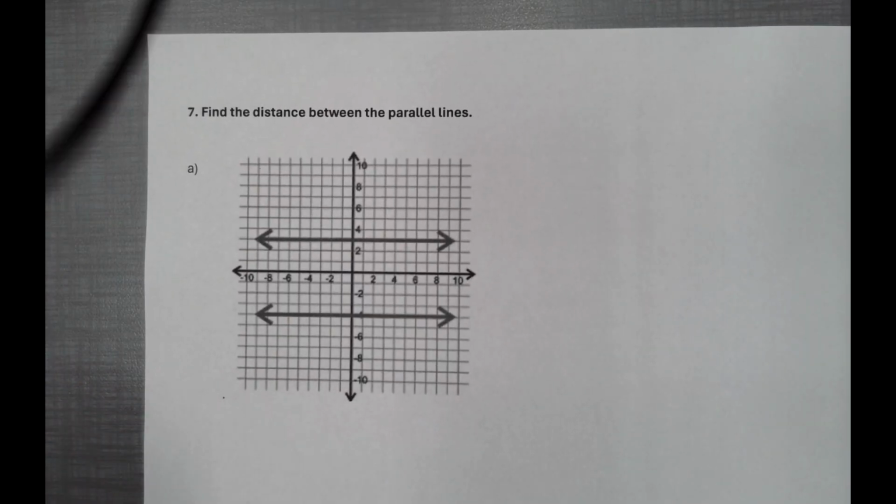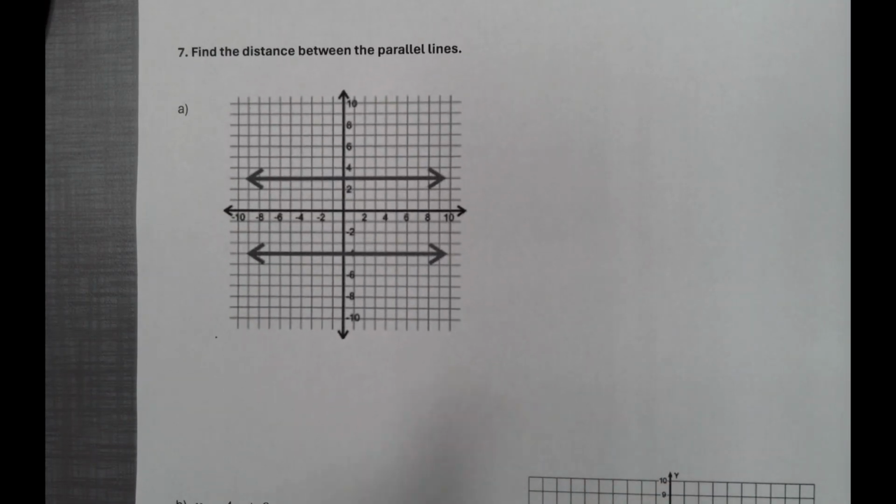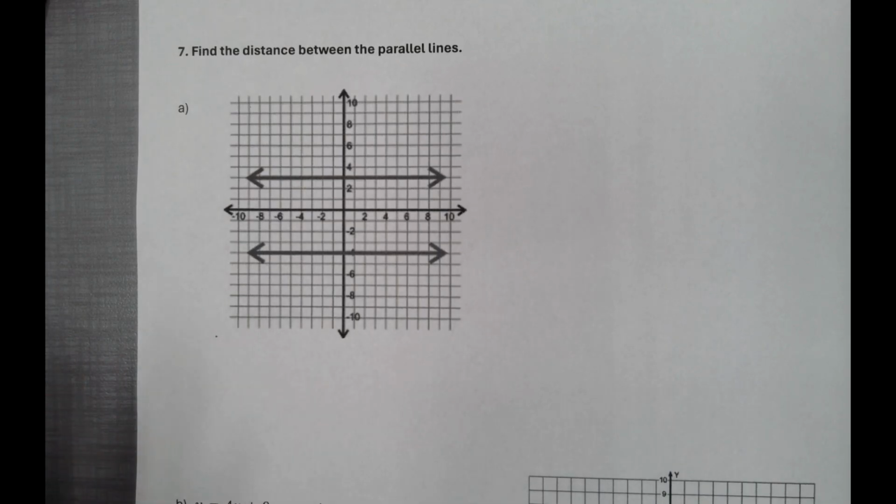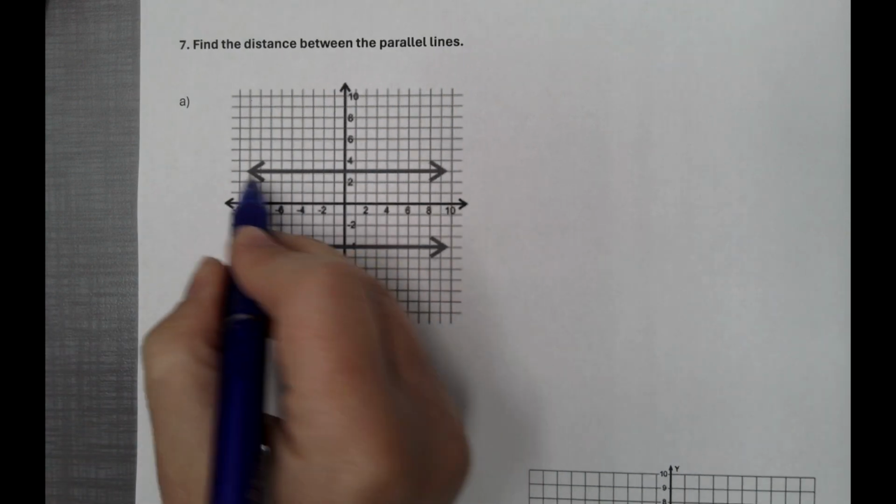Find the distance between the parallel lines. So when we're finding the distance between the parallel lines, it's very similar to what we just did, and that includes your perpendicular things. Now, this question right here is a little bit on the weirder side, just because these are horizontal lines.